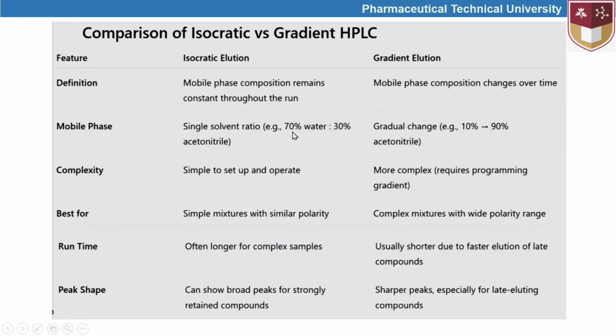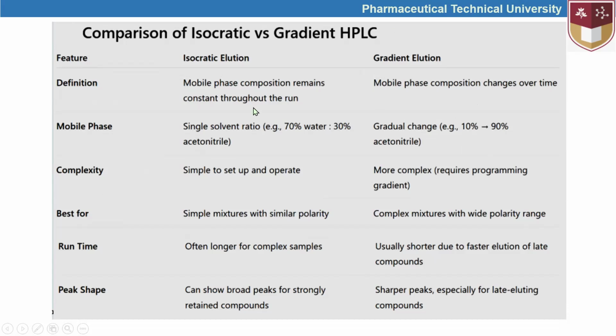For example, 70% water and 30% acetonitrile composition is kept during the whole 20 minutes of isocratic elution, as we talked about earlier. And in gradient elution, the percentage of acetonitrile, for example, is increased from 10 to 90%, starting from the 5th minute, ending at the 20th minute.